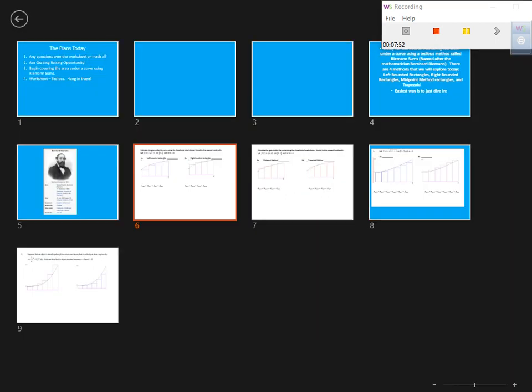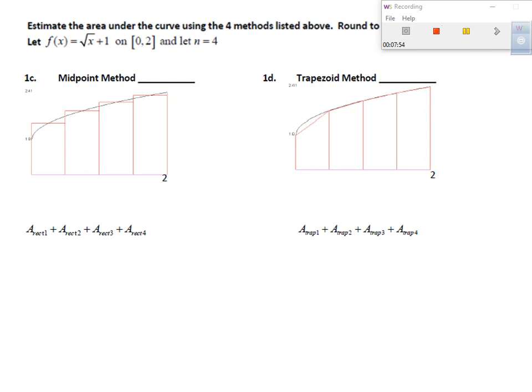Now, come over to 1C, the midpoint method. Well, these are still 0, 0.5, 1, and 1.5. But now here's what the midpoint method does. Notice that my curve touches it in the middle. Well, the middle number between 0 and 0.5 is 0.25. The middle number between 0.5 and 1, if you add them together and divide by 2, that number is going to be 0.75.